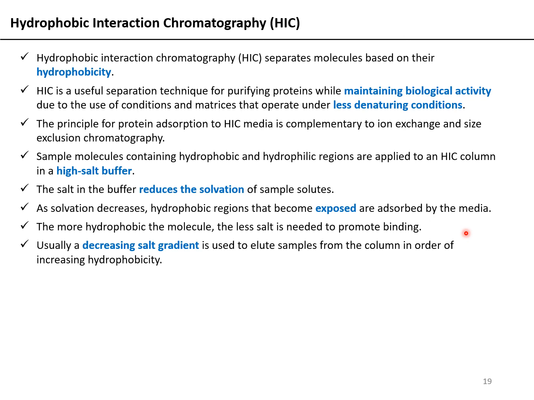Its hydrophobic regions will therefore try to bury themselves within the protein, and the interaction between the stationary phase and these proteins of interest will be disrupted. So a decreasing salt gradient is used to elute samples from the column in order of increasing hydrophobicity. The more hydrophobic the proteins are, the lower the salt concentrations at which they elute.